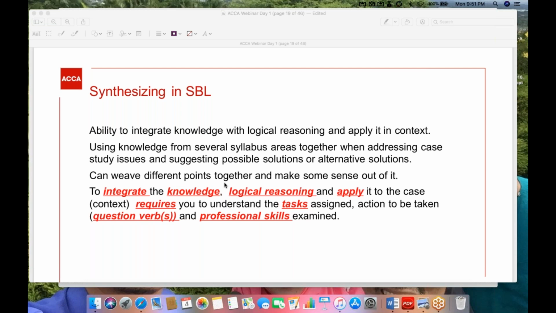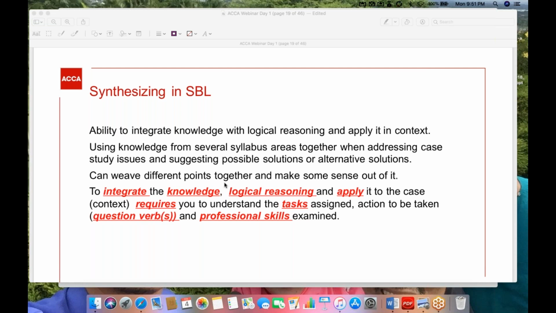Let's say they ask you to discuss, and the skill given to you is skepticism. The way you write your sentences and discuss must reflect skepticism skills. And there are times when the question still asks you to discuss, but the professional skill being tested is commercial acumen.